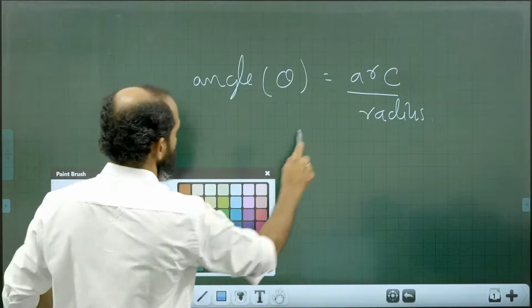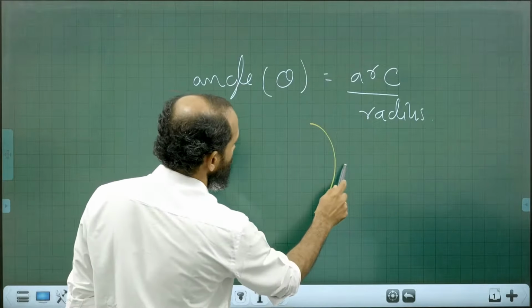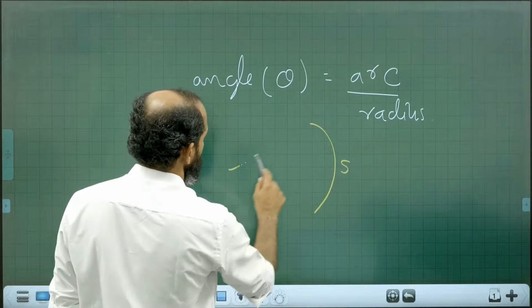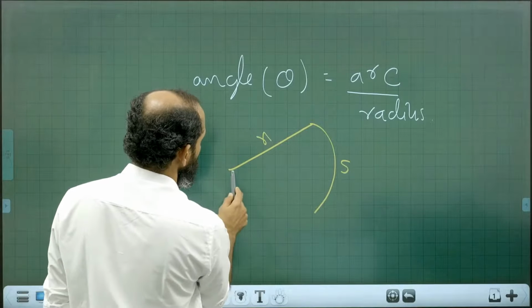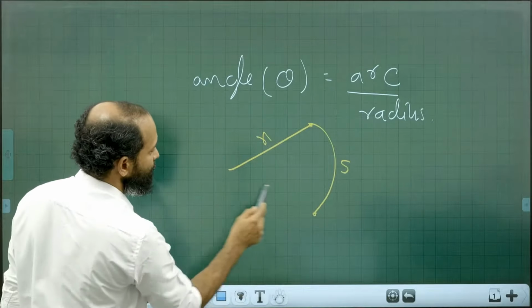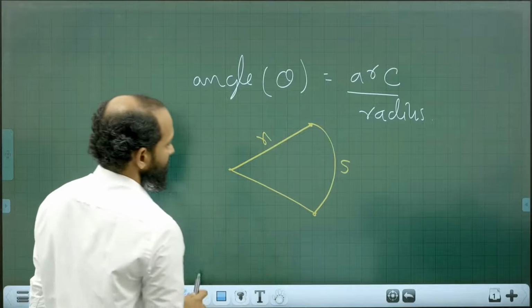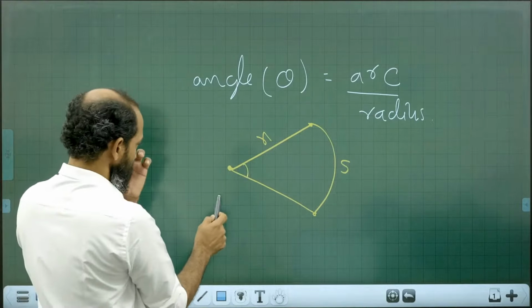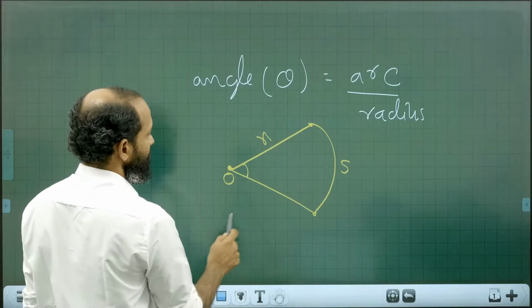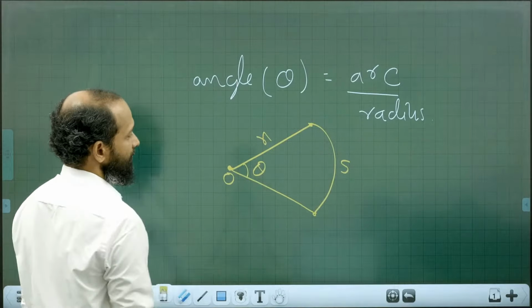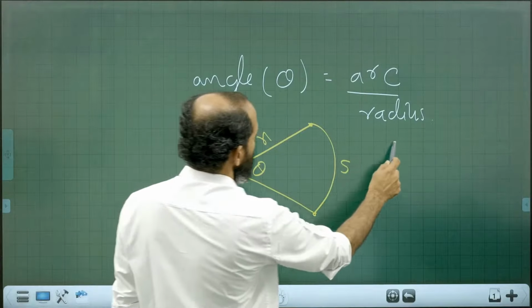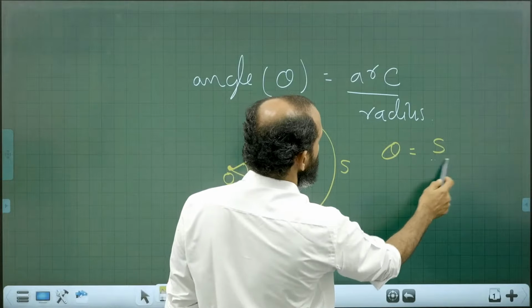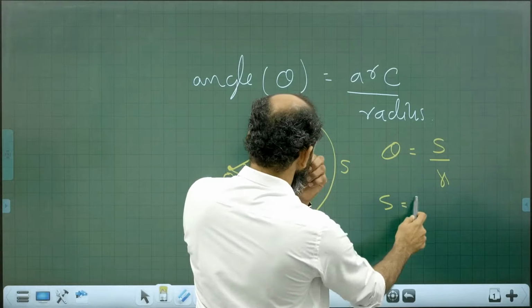If this represents an arc of length S and of radius R, the two extreme points of that arc describe an angular separation at the center of that arc, namely theta. Then theta is equal to S divided by R, or S is equal to R theta.